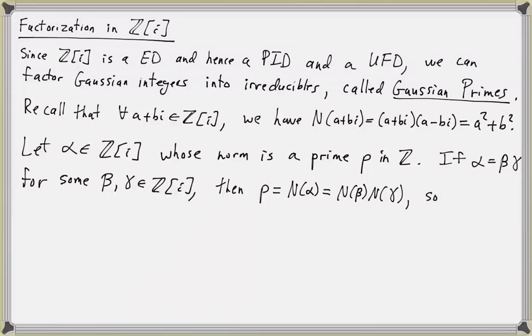So since these are all integers, we know that P does not factor in the integers. So one of norm of beta or norm of gamma must be equal to 1.